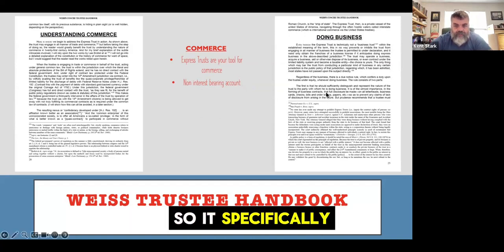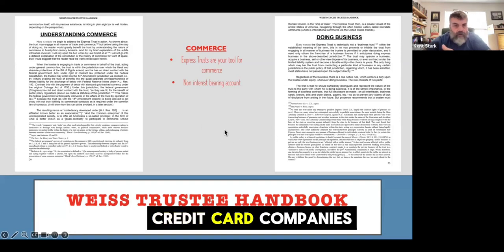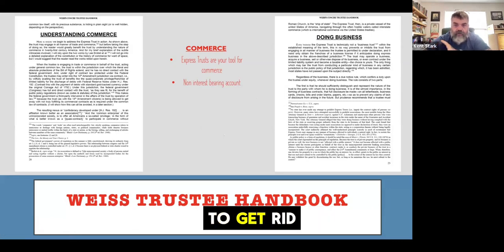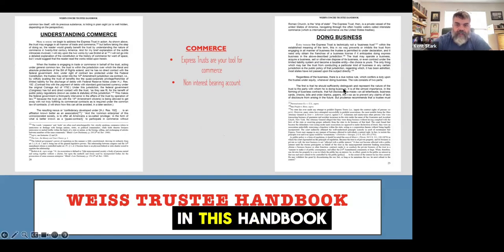It says in here that you are to start using your 98 EIN and the trust to do commerce, and you're supposed to delete all contracts that you have with credit card companies, bank accounts, insurance companies, everything. You want to get rid of every single contract out there. Rescind all your driver's licenses and all that stuff. That's all in this handbook here.